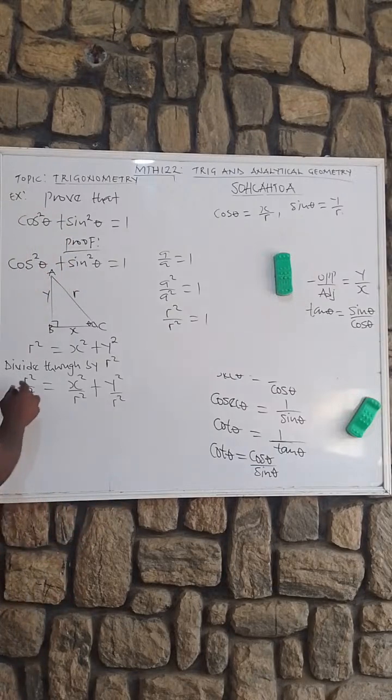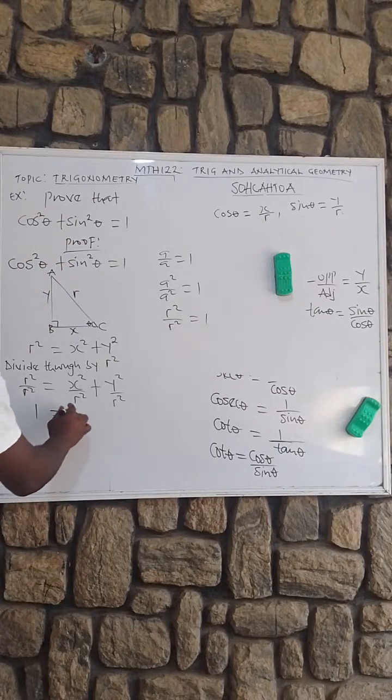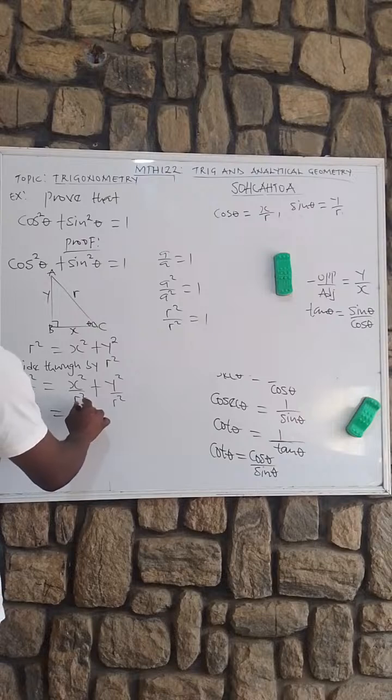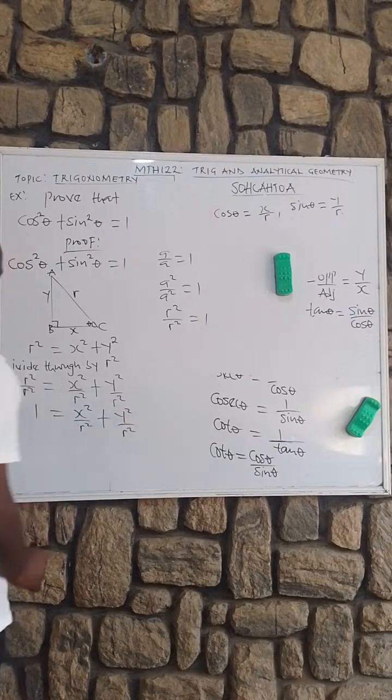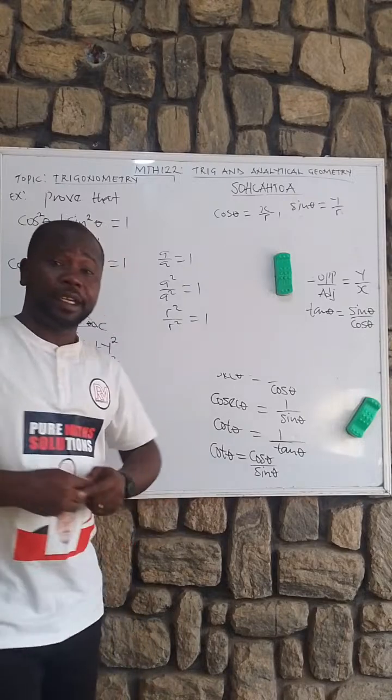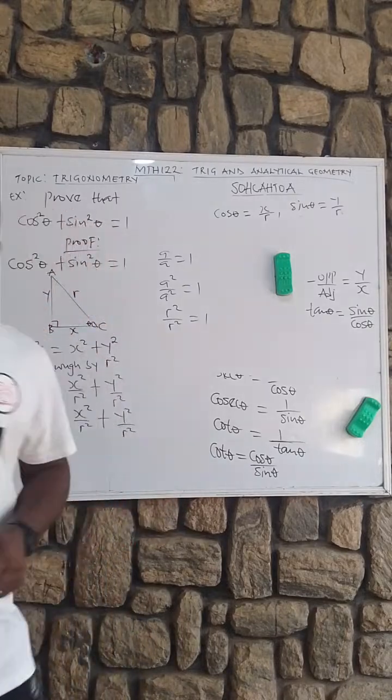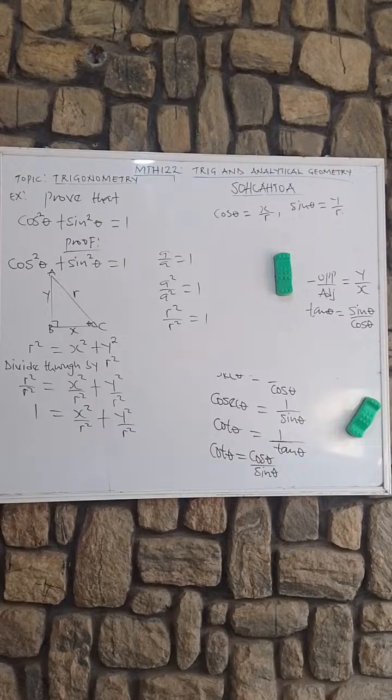So here 1 is equal to x square all over r square plus y square all over r square. If you have any question, drop it. No question? Okay.